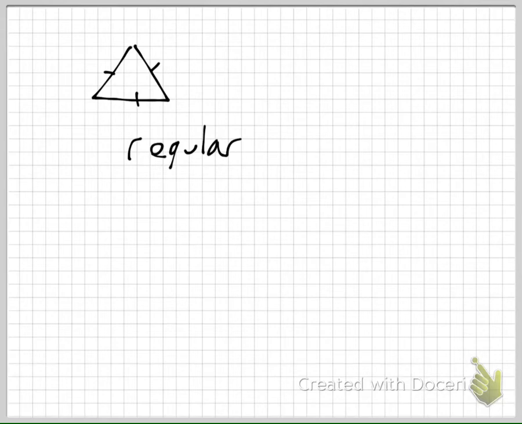This is an equilateral triangle, but you would call this a regular triangle because all the sides are the same and all the angles are the same. So what would a four-sided regular polygon be? A square, right? Remember, all the sides are the same and they all have the same angle. This is called a regular quadrilateral. Does that make sense? Okay.